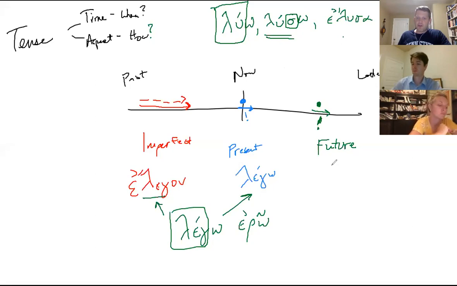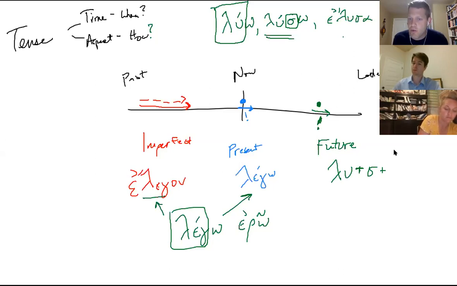So to form the future, we take our stem, add a sigma, and then add our normal endings, the same exact endings as the present active and the present middle passive.